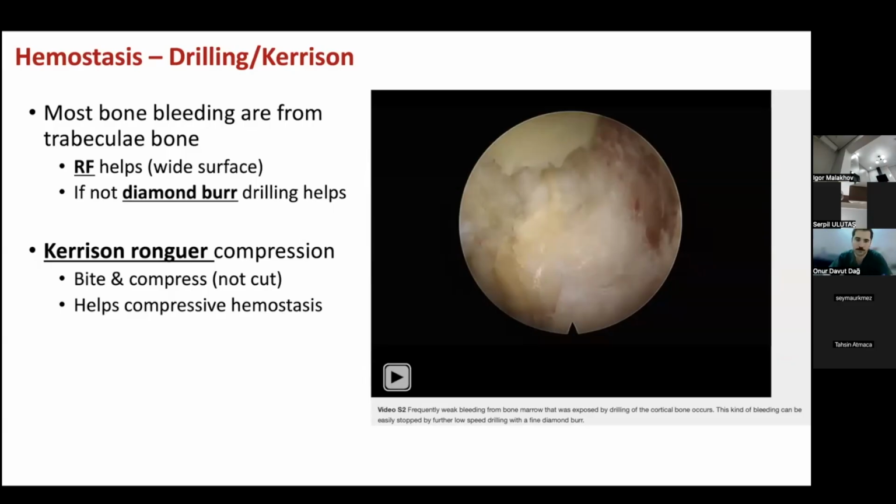If not, you can also use a diamond burr, which generates much higher heat energy, and it also helps control the trabecular bone bleeding. Alternatively, you can use the Kerrison rongeur. If you bite it and, instead of cutting and taking it out, gently compress it with the bite, it also helps you control the bleeding a little bit.